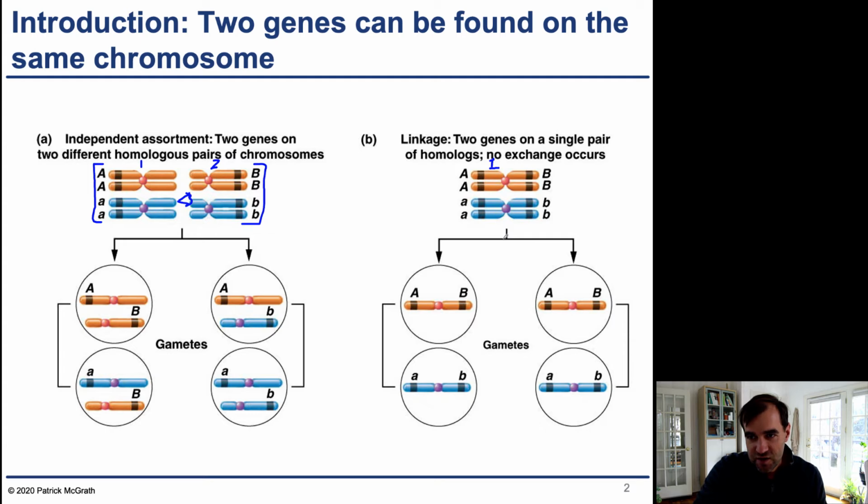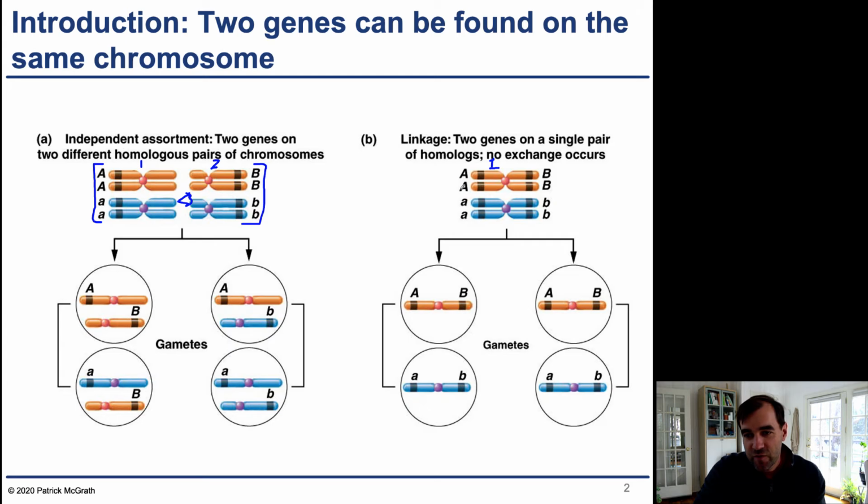If two genes are on a single pair of homologs, then you have to deal with the case where exchange might not occur. If there is no exchange whatsoever, which essentially means there's no crossover during prophase 1, then it's impossible for the gametes to be recombined.